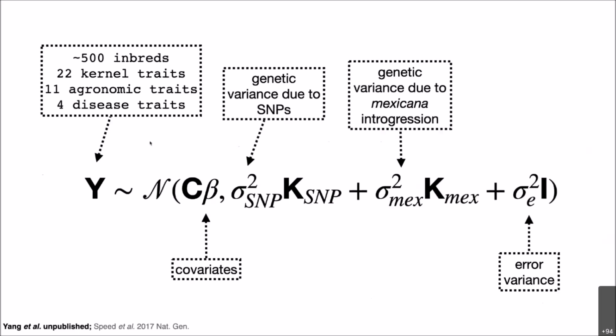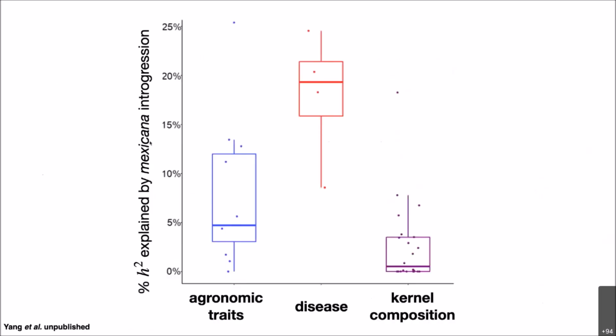And so we can then attribute what proportion of the heritability or the additive genetic variance is due to SNPs versus Mexicana introgression. When we do this across a bunch of different traits, the values aren't super high, but nonetheless, it suggests that a substantial proportion of the additive genetic variance or the heritability of a bunch of different traits is due to whether or not a maize line has a Mexicana allele at particular regions in the genome.